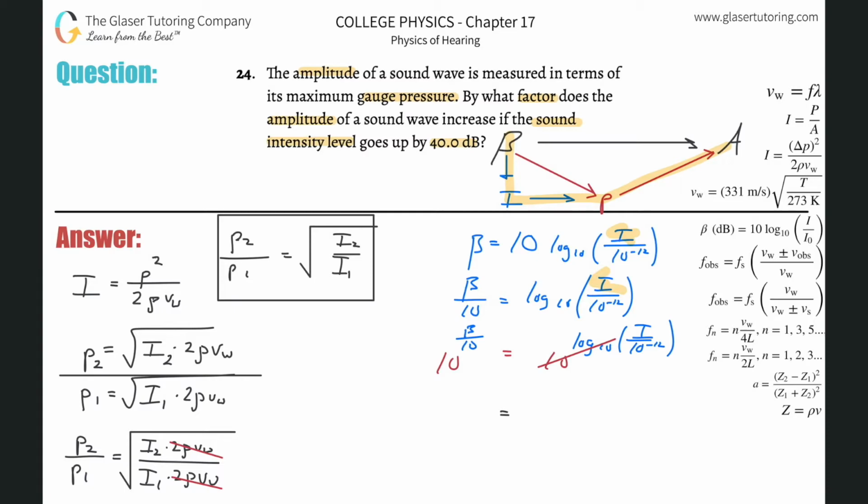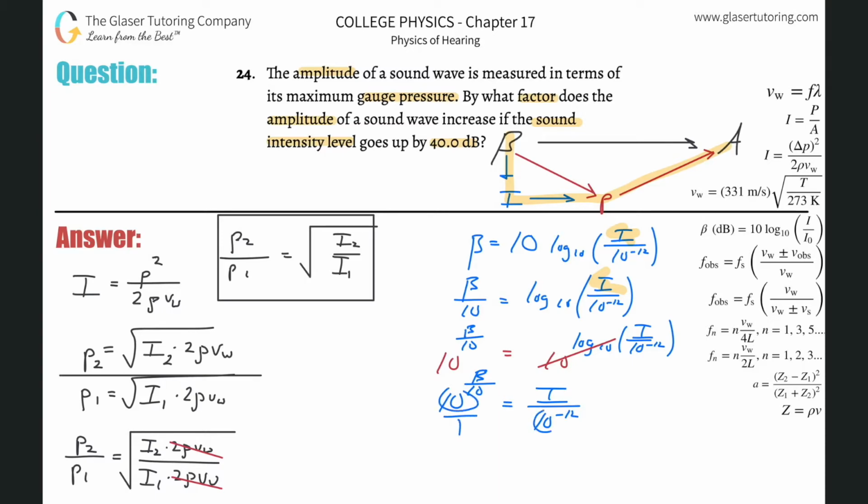And now we're going to get simply, and one second, let me go to blue. So now I realize that becomes a normal fraction. Intensity divided by 10 to the minus 12th is going to equal 10 raised to beta over 10. Now multiply this on out, right? You might say, well, how can I remember?